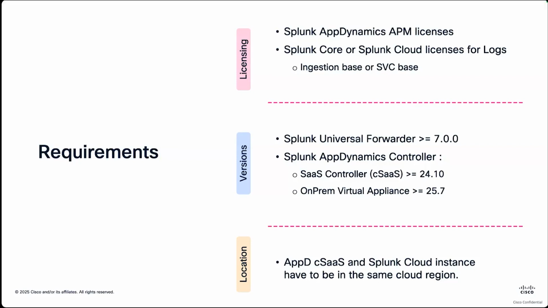I'd just like to jump in on that. That's a really good point you made around the same cloud region. I had a customer with a specific deployment of AppDynamics SaaS and their Splunk Cloud instance in different cloud regions. Technically, it should work, but I want to call out that we don't officially support it. In full transparency, we have an active internal Jira on this.